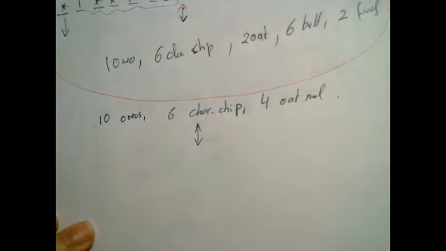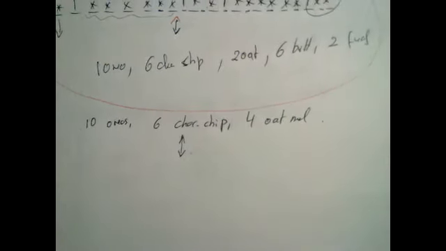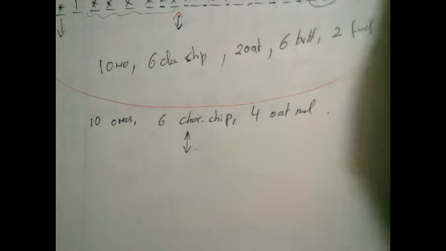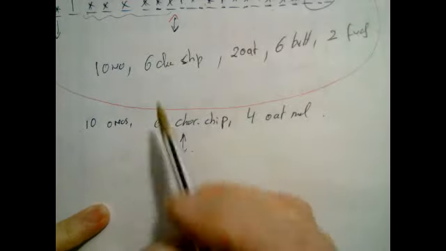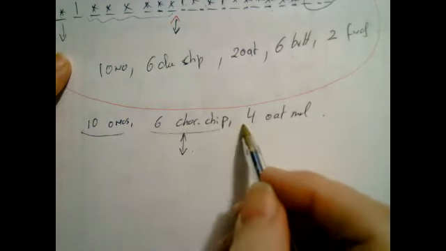How does the string look? Can anybody tell me what to draw? Somebody on mute, please tell me what to draw here. What's the string that corresponds to this choice?